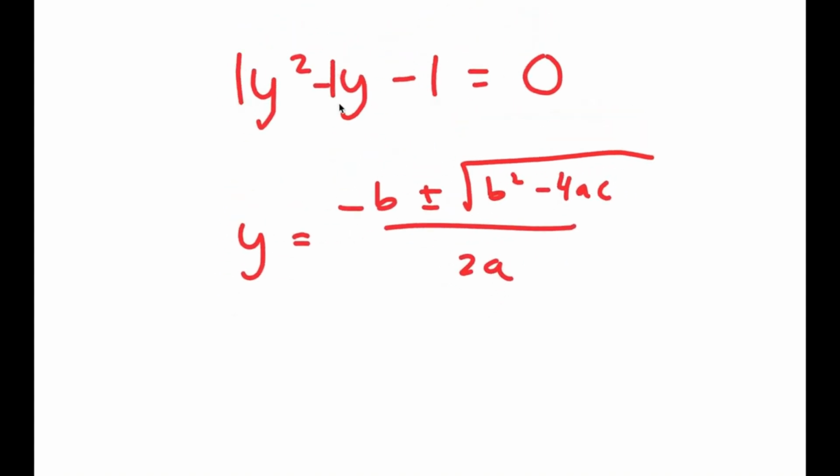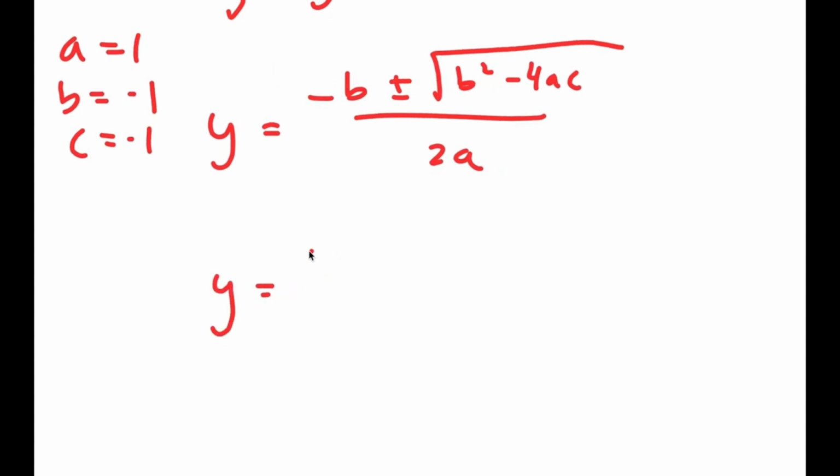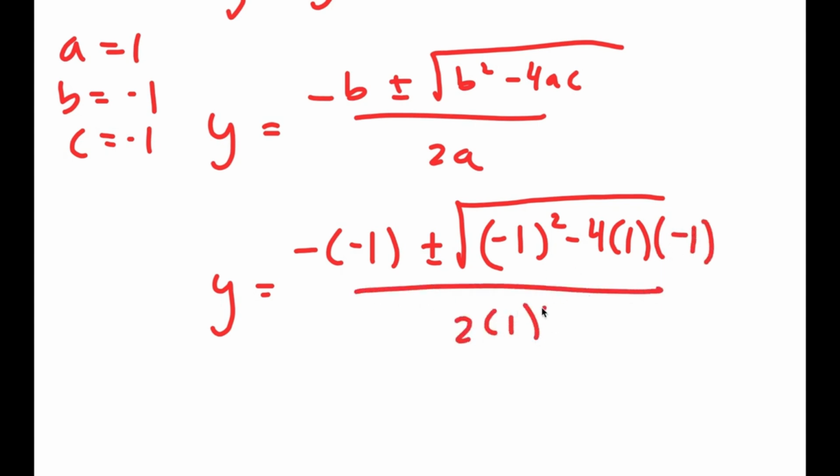So in this case, I'm going to look at the coefficients. A is 1, b is negative 1, and c is negative 1. So I get y equals negative of negative 1 plus or minus the square root of negative 1 squared minus 4 times 1 times negative 1 all over 2 times 1.